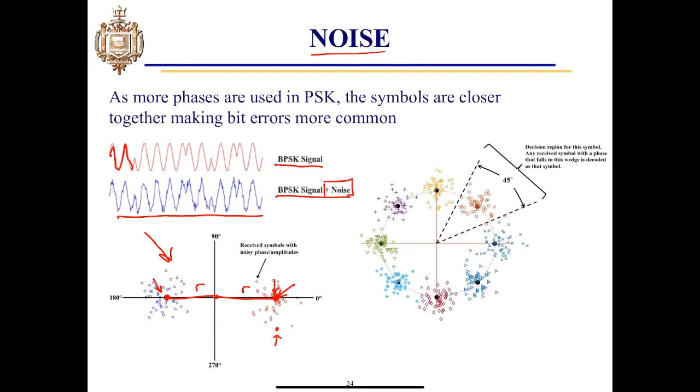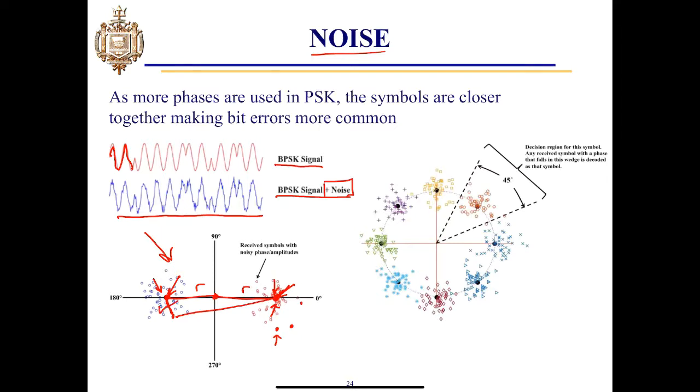They do a quick distance calculation, and they know that if a symbol is close to this symbol right here, they meant to send this symbol. Likewise over here, if we wanted to send this symbol, but at the receiver it ends up looking like that, they do a quick distance equation. The distance from there to there is shorter than there to there, so most likely they wanted to send that one.